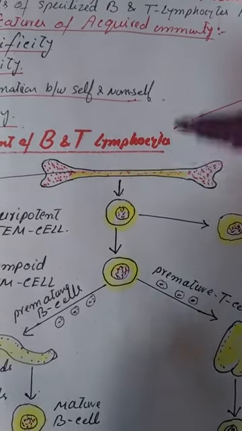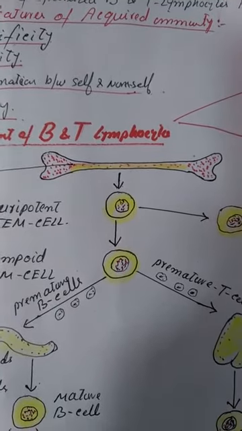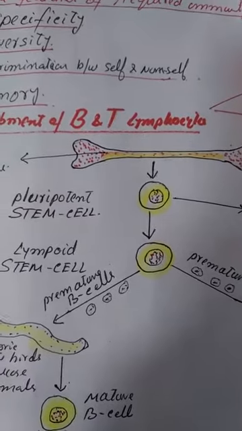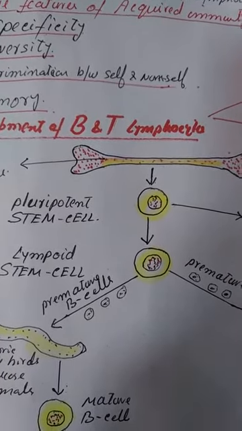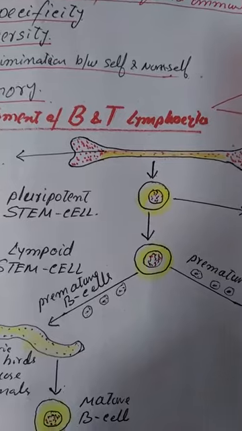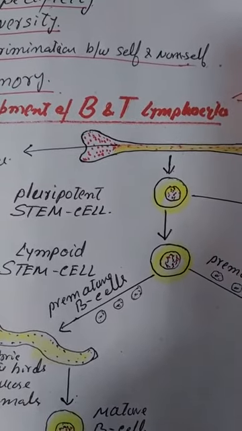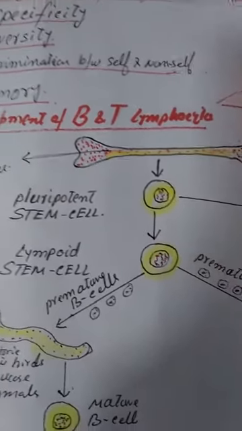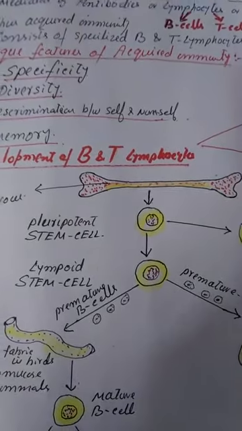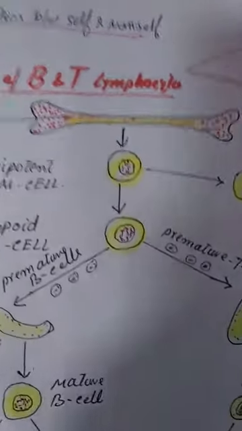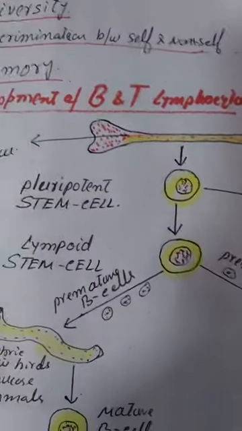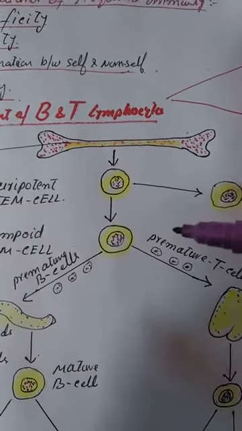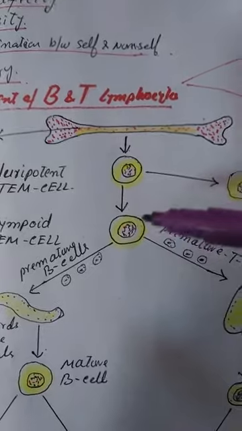Now, B and T lymphocytes develop from these pluripotent stem cells in the bone marrow. Pluripotency means that a cell can differentiate into many different types of tissue cells. The pluripotent stem cell can form either the myeloid stem cell or the lymphoid stem cell.